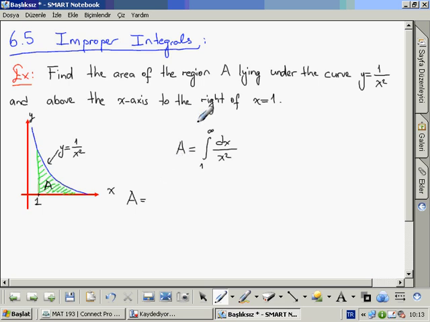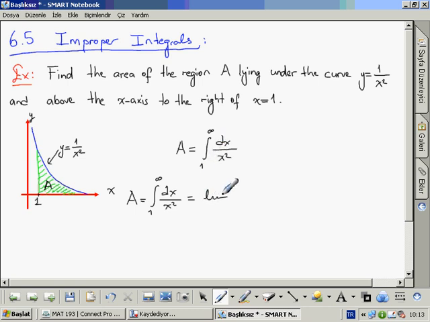Firstly take the integral from 1 to infinity of dx over x square, and after that we can change the endpoint, which is infinity, by a capital letter, which I will call r.